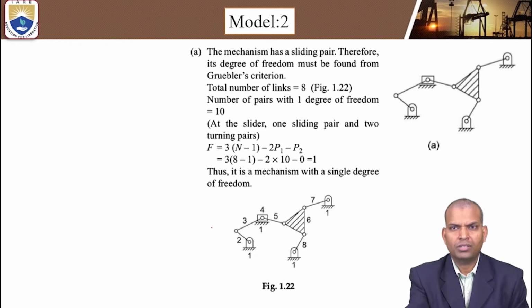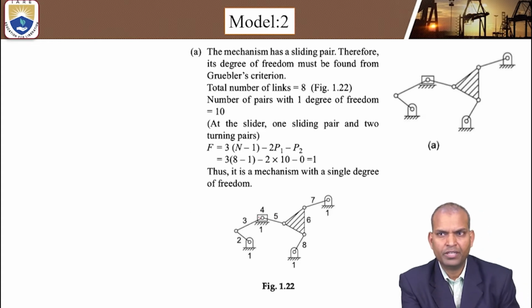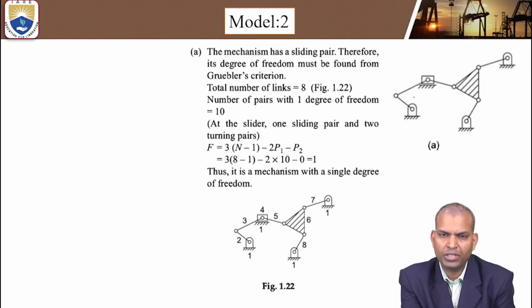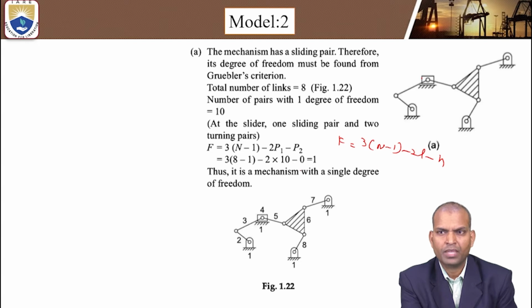Now here, if we observe, there is a sliding pair in this figure. We can't use Rattan's formula based on the number of loops. We have to go for Grubler's criterion only. It is the lower pair. So his formula, there are various notations we studied in the previous lecture: 3 into n minus 1 minus 2l minus h.